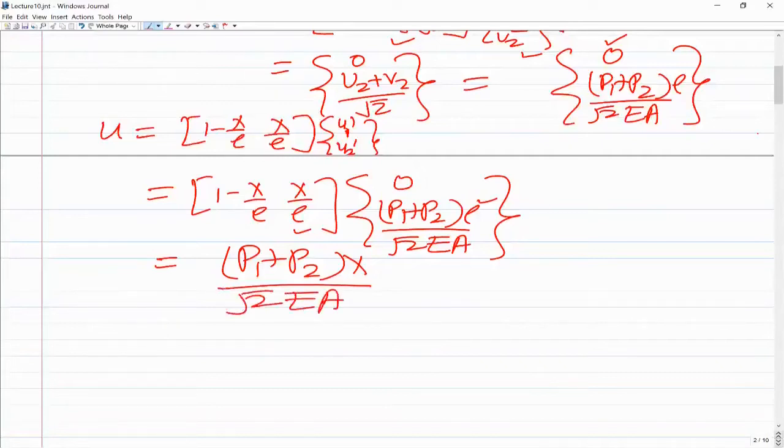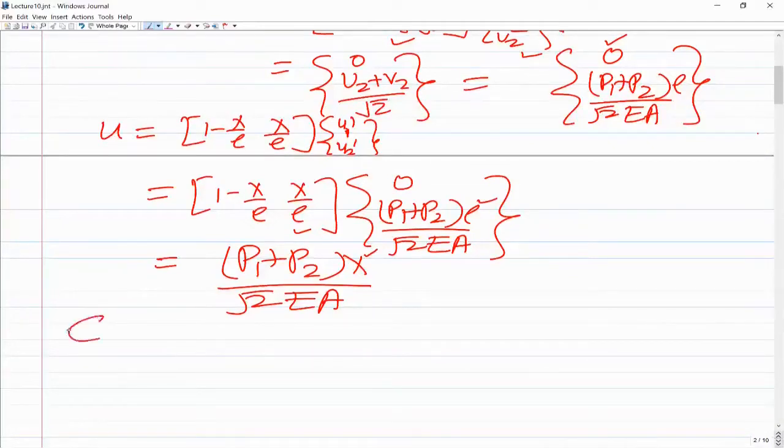If you want to calculate the displacement at any point along the length of the element, you put the value of small x. Small x equal to 0 is the first node, and small x equal to L is the second node. If you put, let's say, x equal to small l by 2, you will get the displacement at the center of the element along the local element x axis.